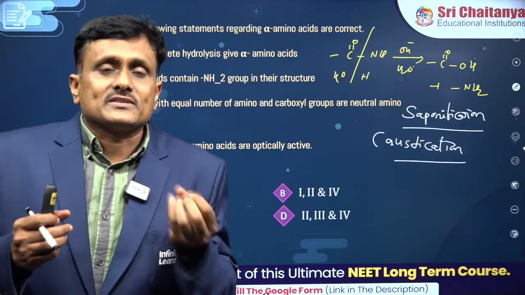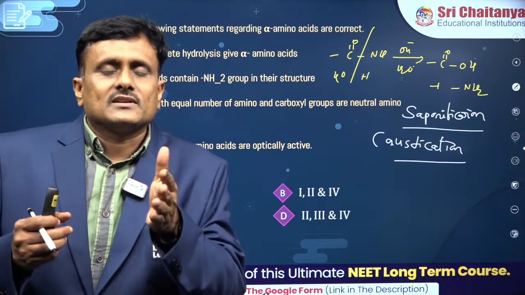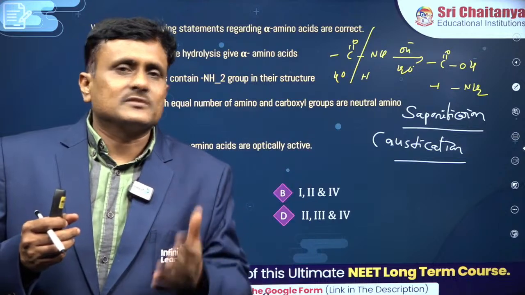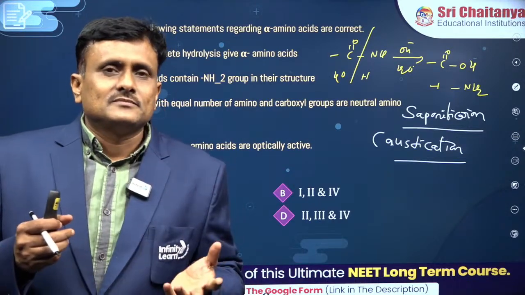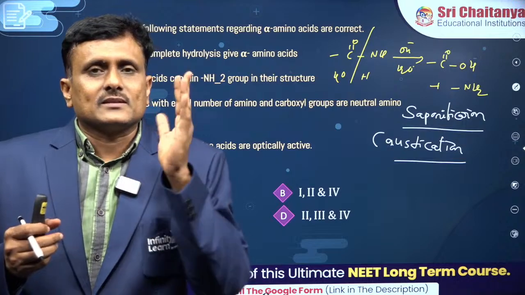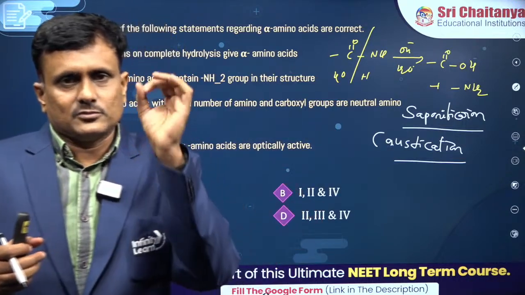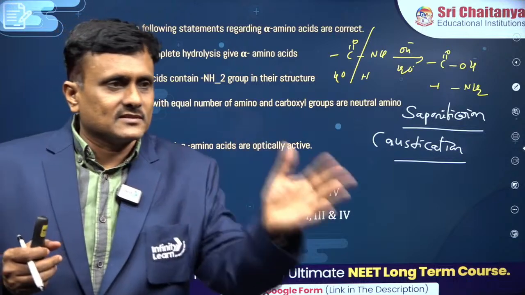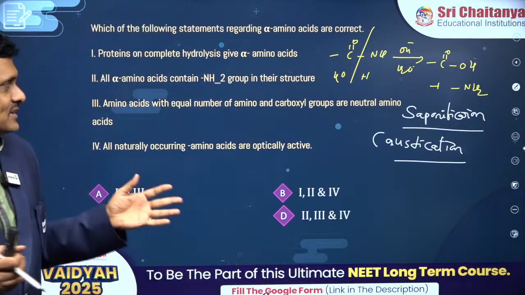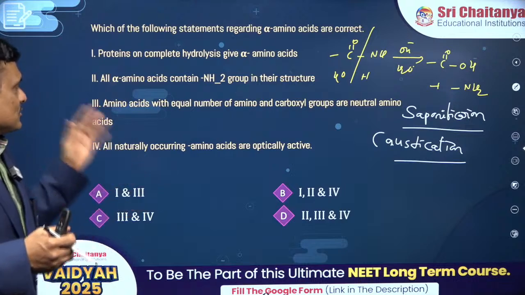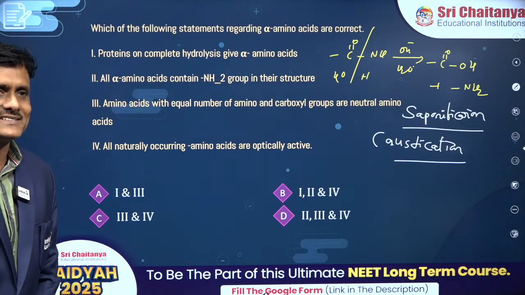That's called causticization, because your skin proteins are washed away when alkaline medium is provided. That is why don't use soap on the face. It will become pale because skin proteins are washed away by the soap. For the face, you always use soap whose pH is less than 7. Beauty tip. Alright, buddies. So, protein upon hydrolysis gives rise to alpha amino acids.